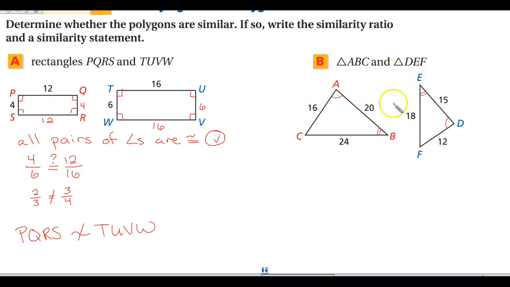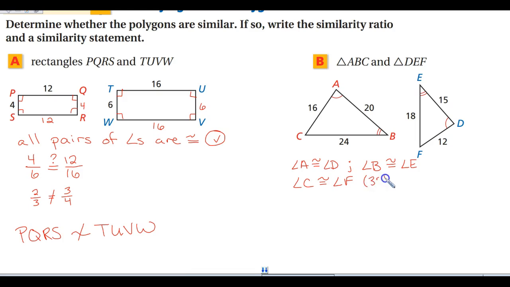With B, I'm going to start off by doing the same thing that we did before, by looking at my angle measures. I know that angle A is congruent to angle D because those are marked. I know that angle B is going to be congruent to angle E. And I know that angle C will be congruent to angle F. Now, why do I know that C and F are congruent?